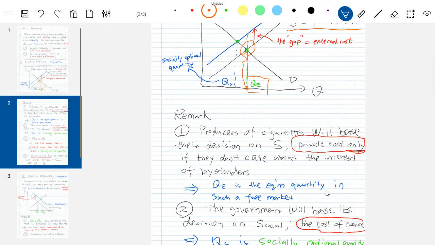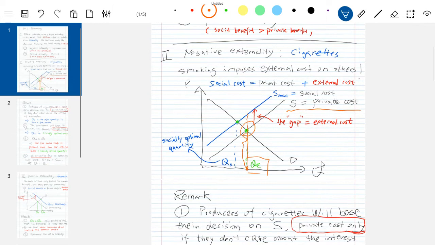So what is the efficient level of production after we take the negative externality into account? As mentioned before, this second supply function, what I call S social, is the supply function that truly reflects the cost of producing cigarettes on everybody in this economy.